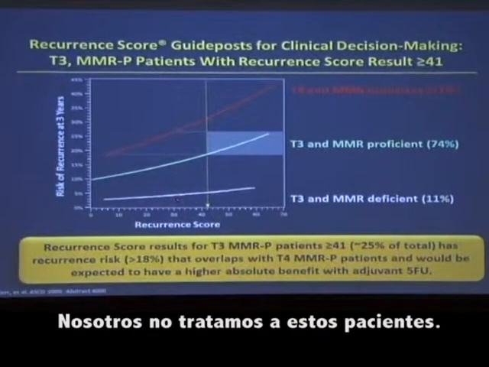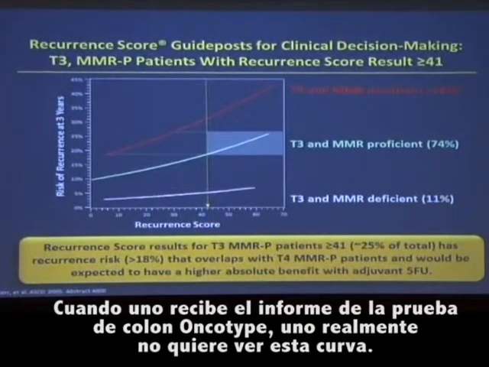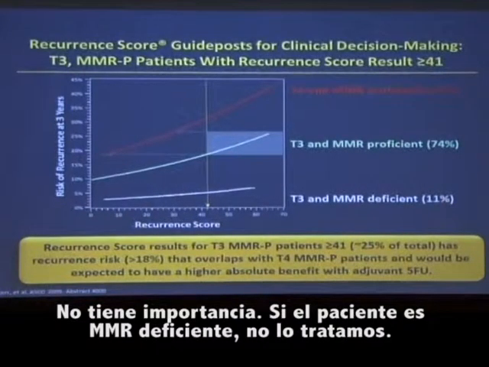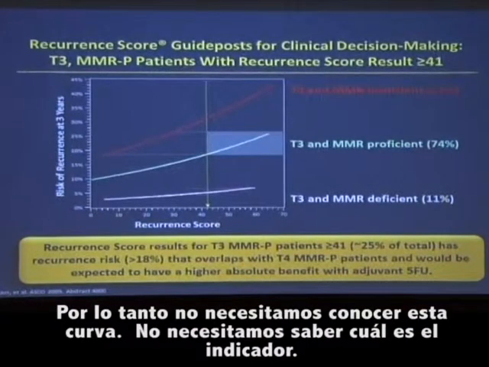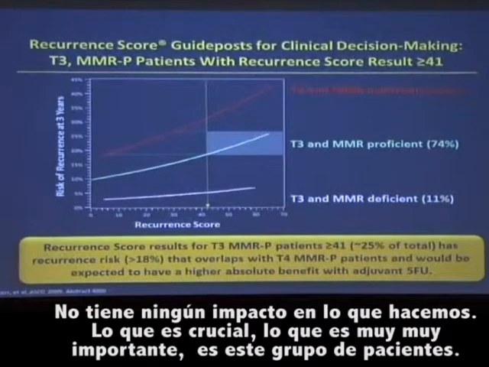We do not treat these patients, okay? When you get the report from the Oncotype colon assay, we don't really want to see this curve. It doesn't matter. If the patient is defective mismatch repair, we don't treat them. So we don't need to know this curve. We don't need to know what their score is. It doesn't impact what we do.